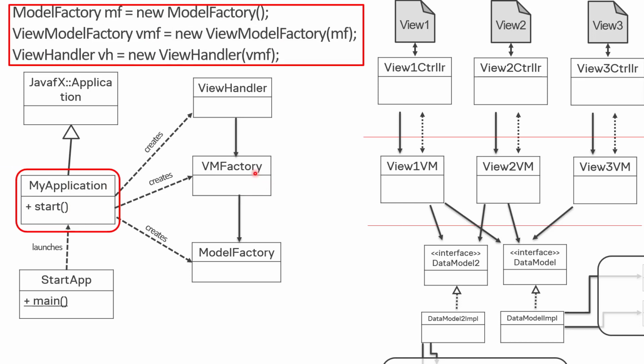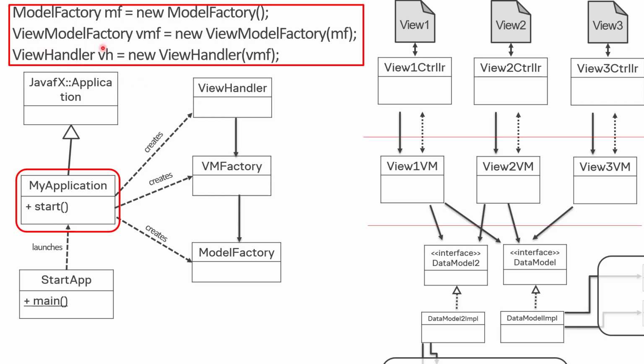And I have the initialization code of my start method. You can see that up here. So the view model factory was created in my application and passed as an argument to the constructor of the view handler. So we have that here.